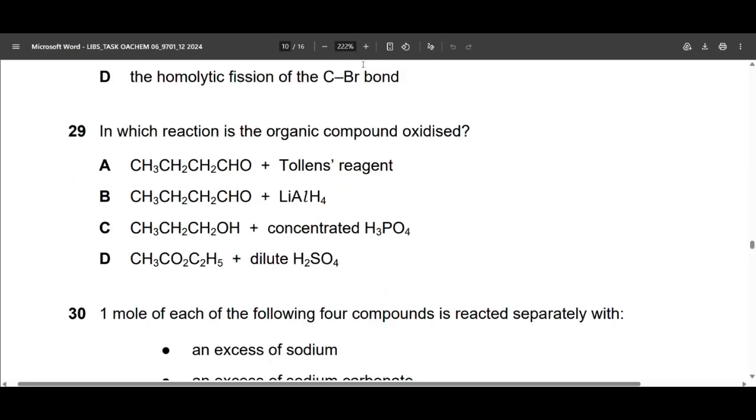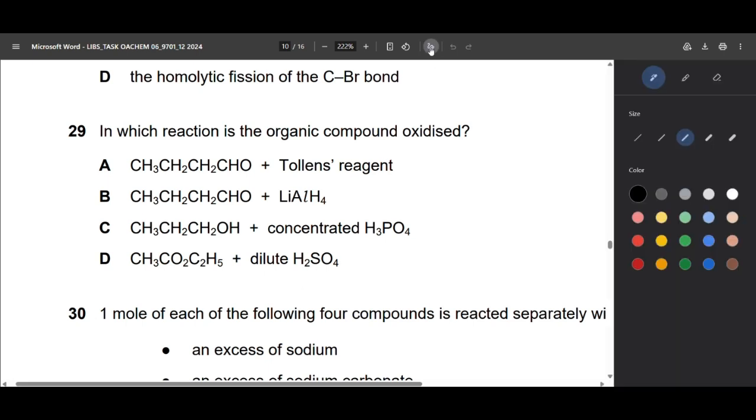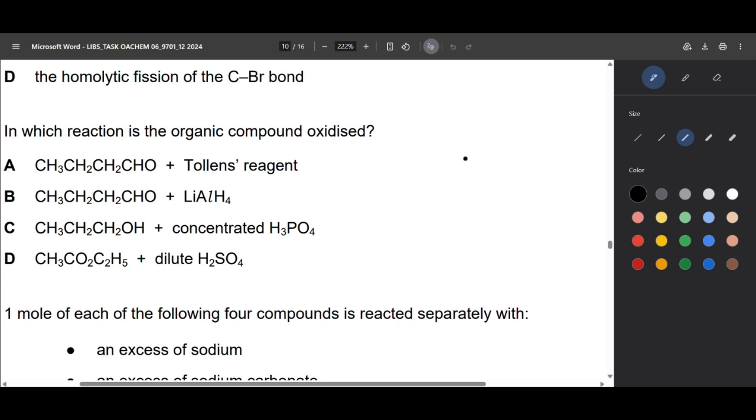The next question is question number 22. In which reaction is the organic compound oxidized? It's given that there is a compound and a solvent, reagent and the other. Remember, if any organic compound bonds with more oxygen or less hydrogen, it is undergoing oxidation.